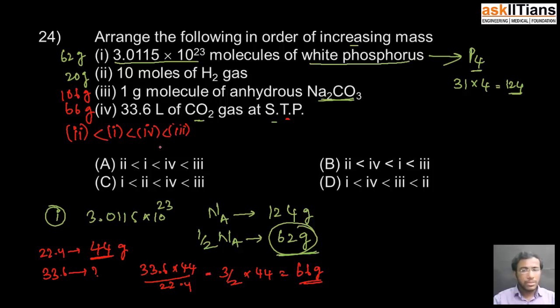So this is the answer. So let's see which option is correct. 2, 1, 4, 3. This is 3 being the highest mass, and after that 4, 66, and after that 1, 62, and 2, 20. So A is going to be the correct answer.